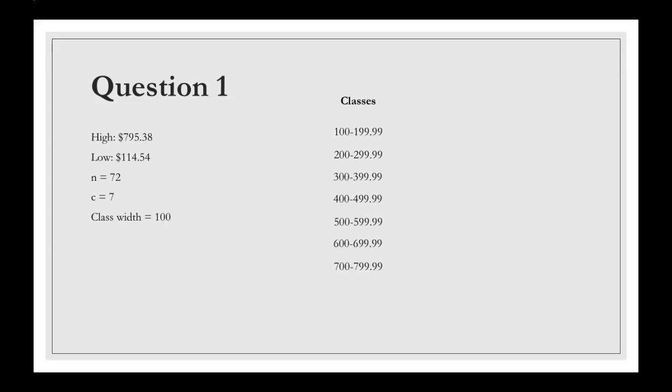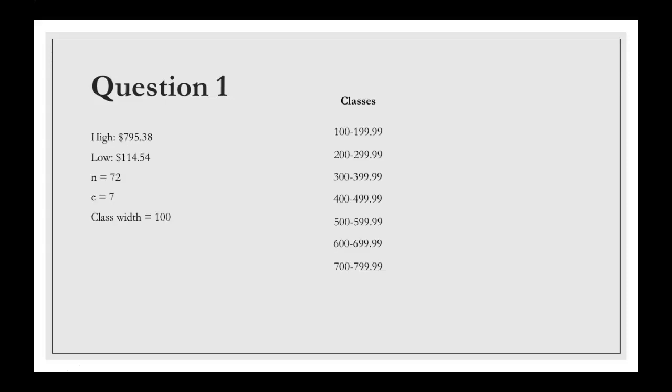Now, you count your number of classes here, and we have 7. Right? So we are okay there. Again, we could have gone up by 3 in case we would have needed it. So that's your number of classes, your class width, and your classes themselves.